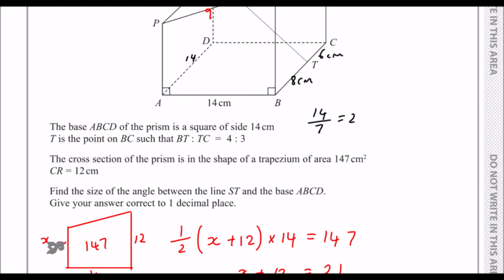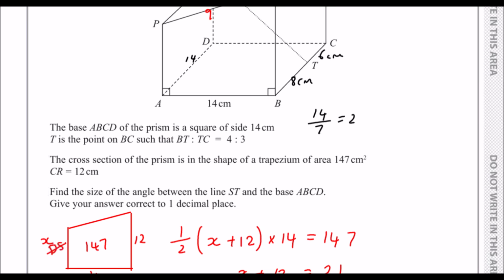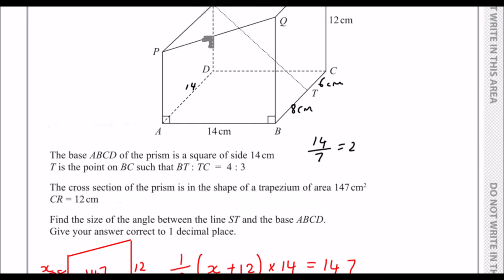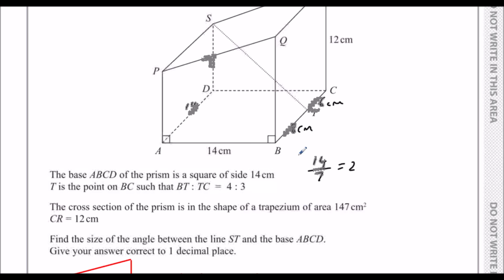We need to find the size of the angle between the line ST, which is this dotted line here, and the base ABCD. So that angle and the base. So we can draw on a right angled triangle here.